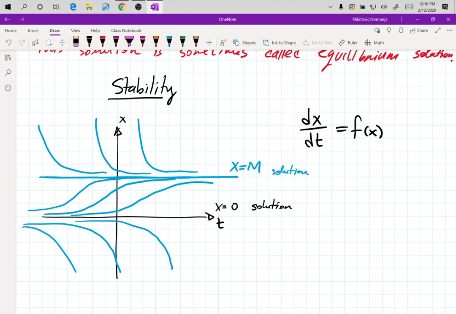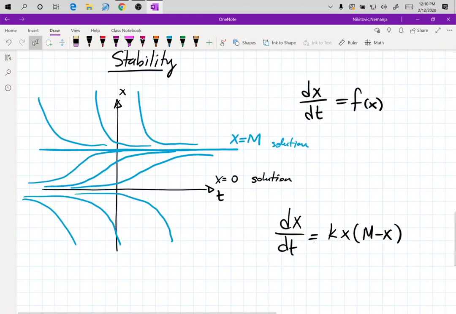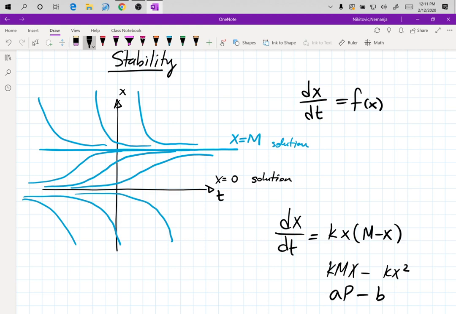So we're going to take a look at this, and the differential equation that goes with this one is dx/dt equals kx(M - x). Guys, this is exactly your a minus b, birth minus death model. Very good. If you take a look at this, you can write this as kMx minus kx squared, which earlier we had as ap minus bp squared.